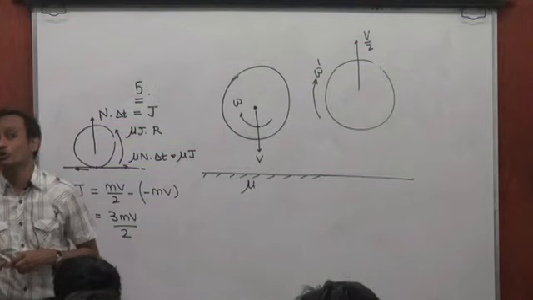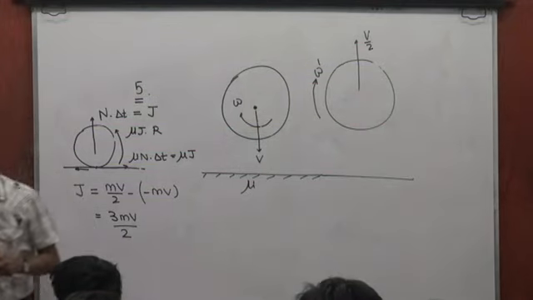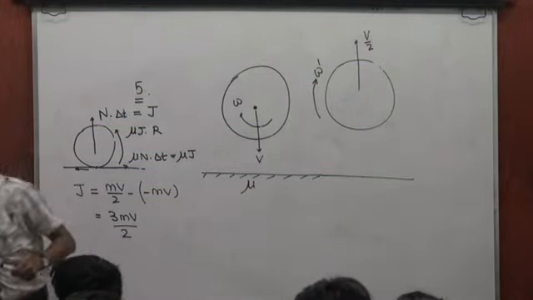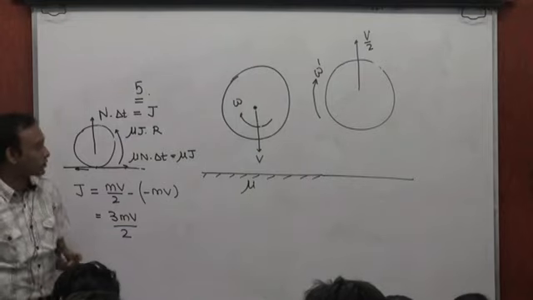Angular impulse in the anticlockwise direction would be final angular momentum in the anticlockwise direction minus initial angular momentum in the anticlockwise direction.